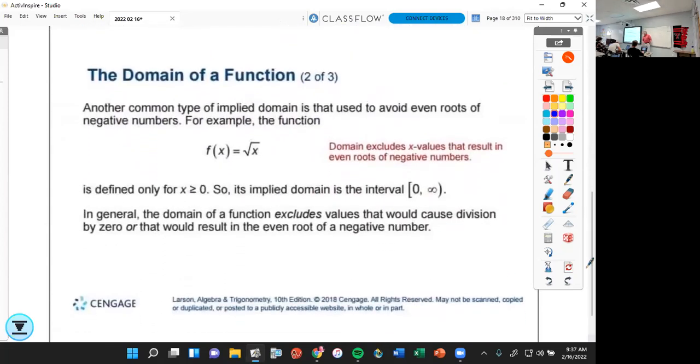Okay, so the first thing you want to look at is, am I dividing by the variable? If so, I can't divide by 0. The other problem, in the real world, what can you not take the square root of? Negative numbers, right? So, and we're not gonna be messing with graphing imaginary stuff. We can, but we're not gonna do that, okay?